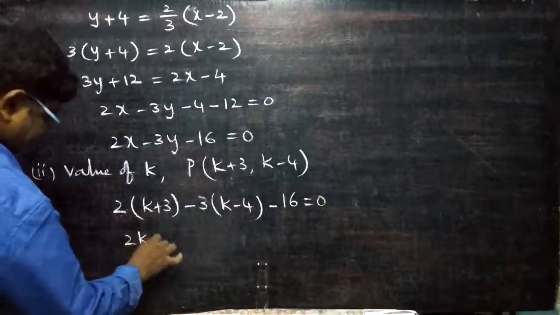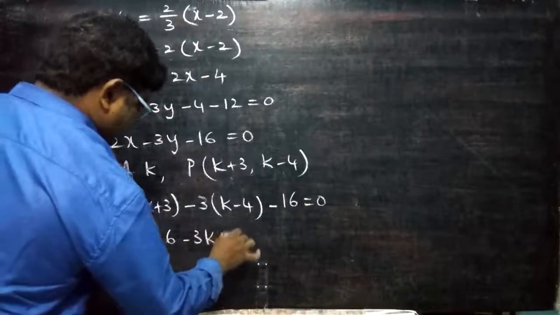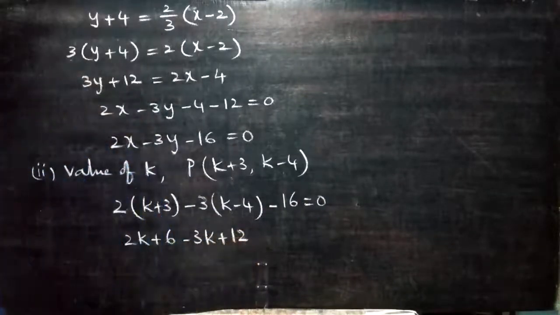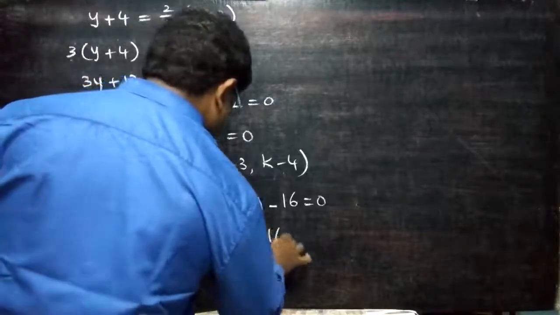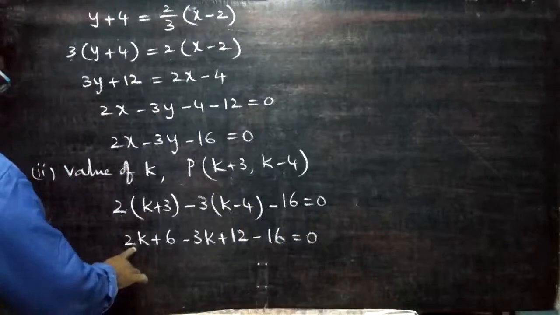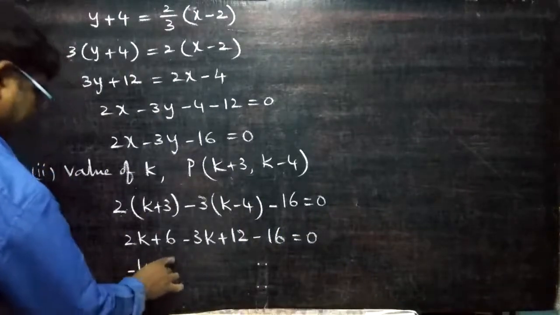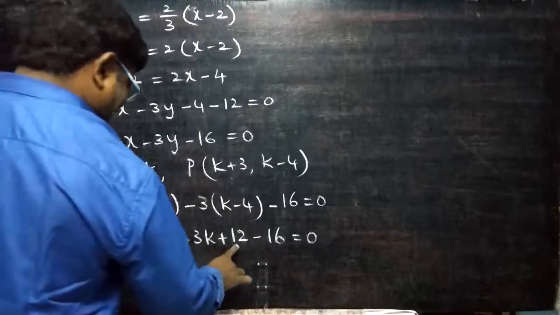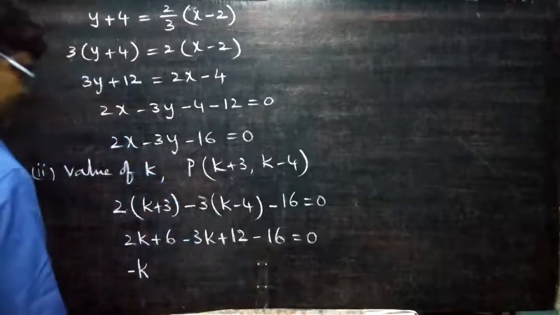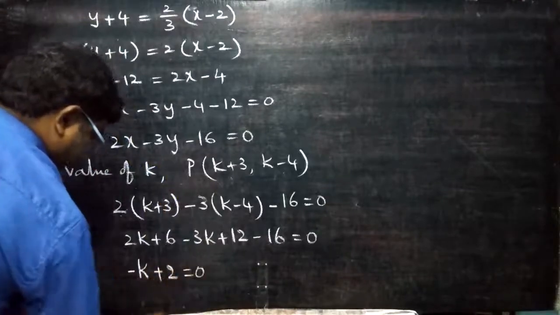2k plus 6 minus 3k, minus into minus is plus, 3 fours are 12, minus 16 is equal to 0. 2k minus 3k is minus k. 6 plus 12 is 18. 18 minus 16 is plus 2, is equal to 0.